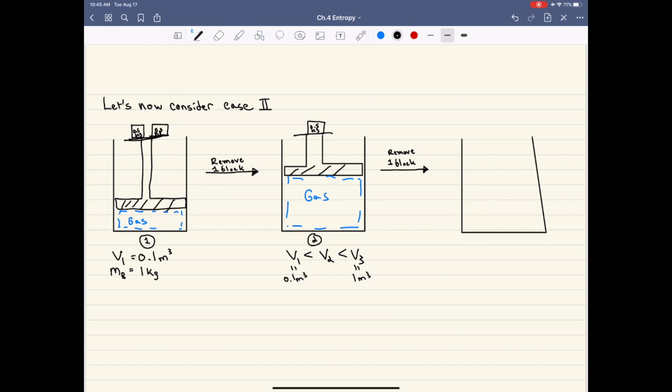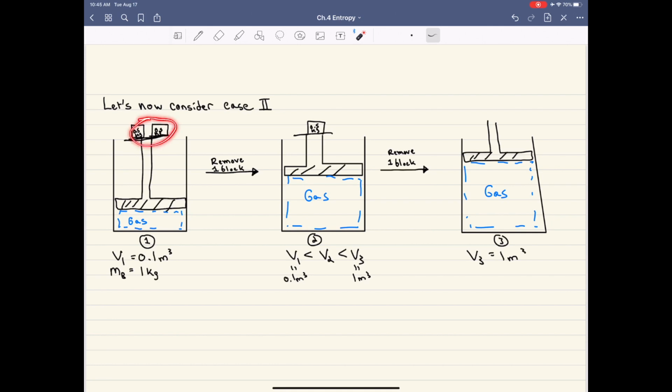By doing that, it allows the gas to expand all the way to volume 3, which is 1 meter cubed.